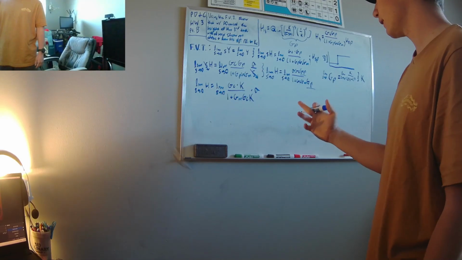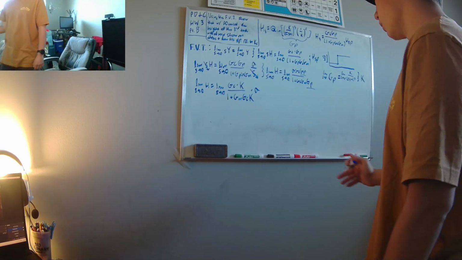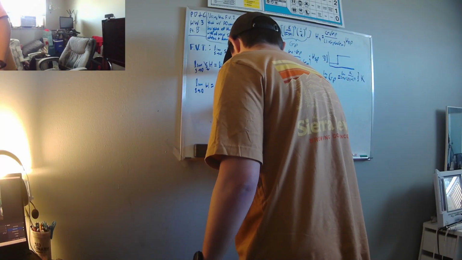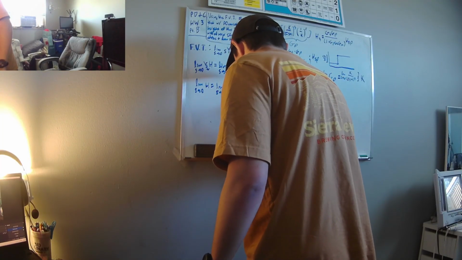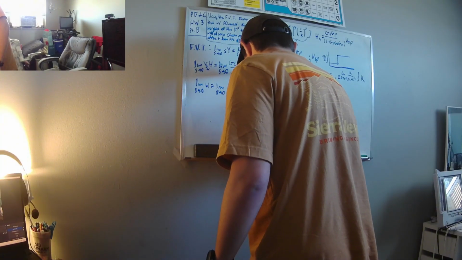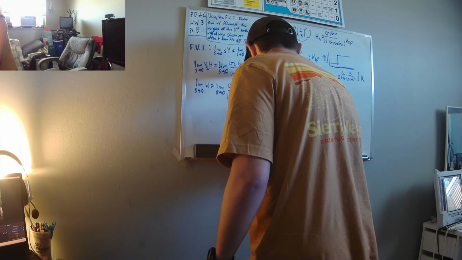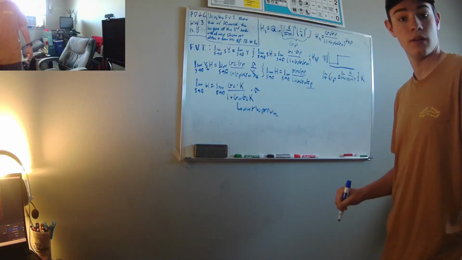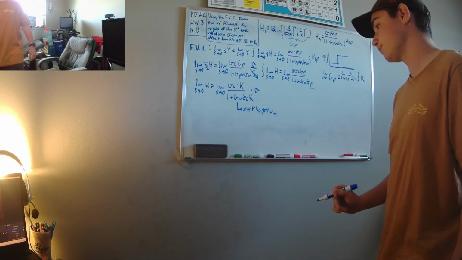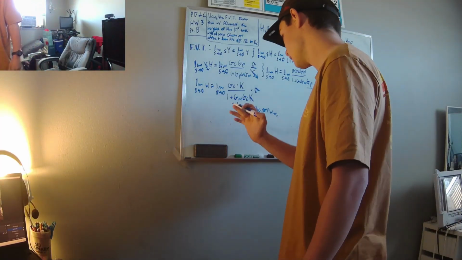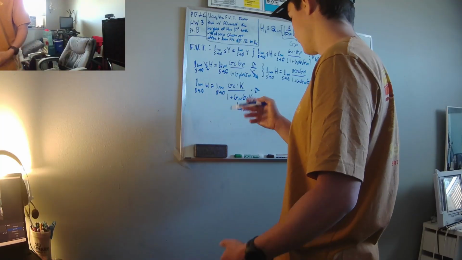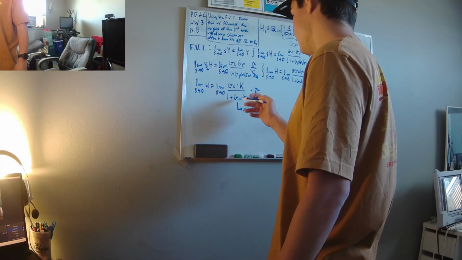And taking a look at this function, we know that this value right here must always be non-negative, meaning that the denominator will always be bigger than the numerator.